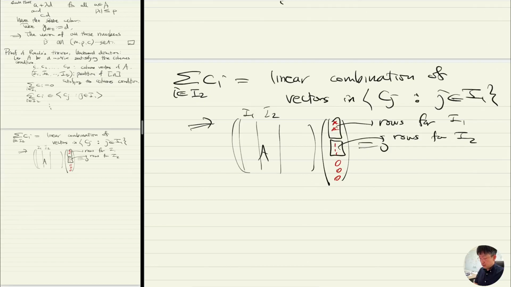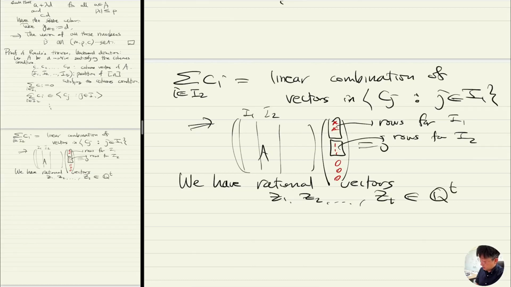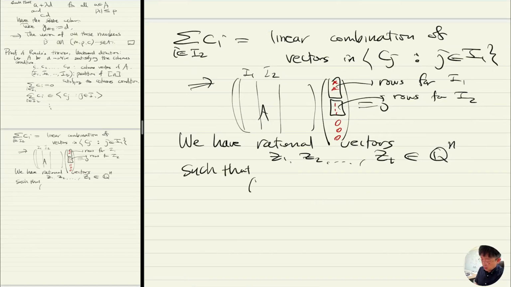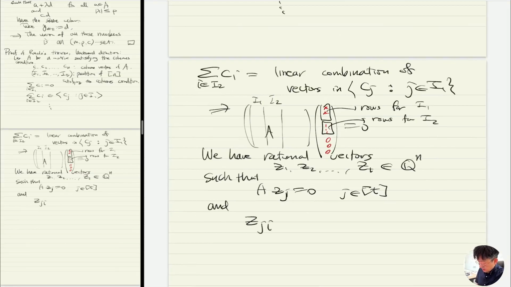All right. So in other words, we have rational vectors G1, G2, up to GT in Q^n, such that A times Gi is 0, for j in T, and Gji is 0 or 1 if i is in Ij, right?